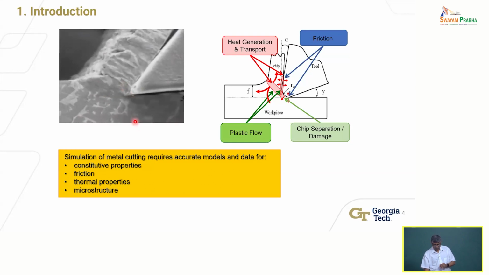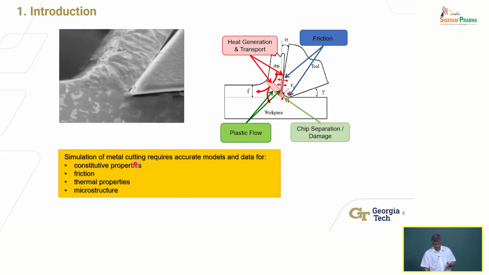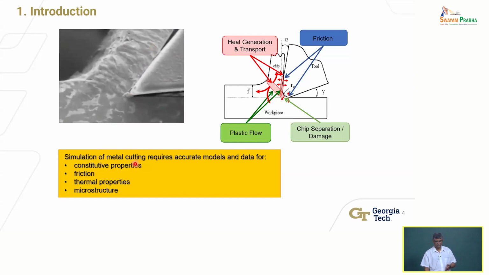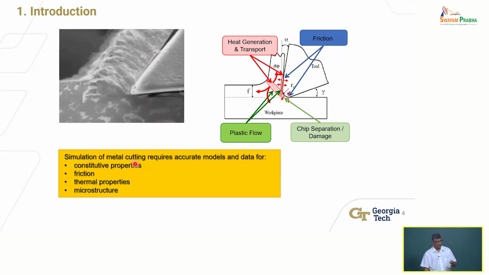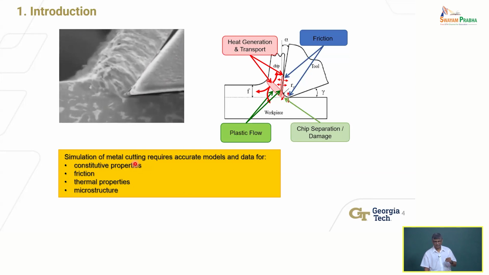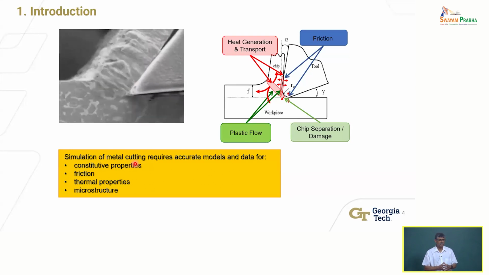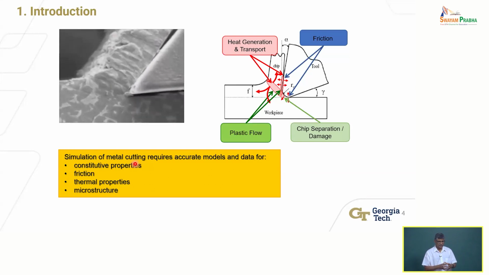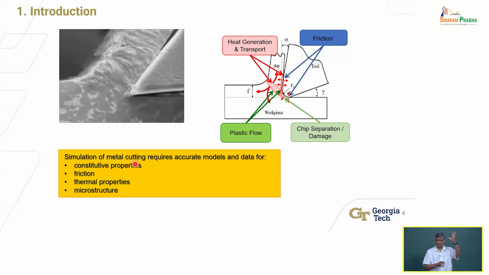But to be able to model, I need many things. I need to be able to describe how this material behaves under these strains, strain rates, and temperatures. If you have cut metal, depending on what you have cut and how aggressively you cut, I'm sure you have sometimes seen the tool glowing. It's red hot, workpieces with chips are red hot.